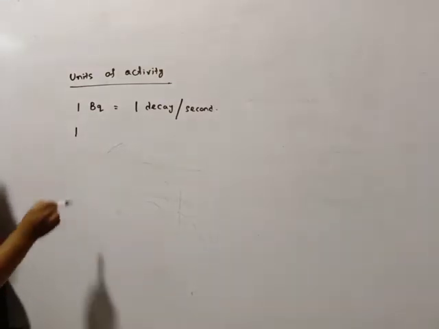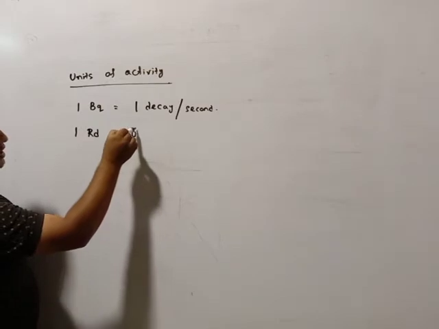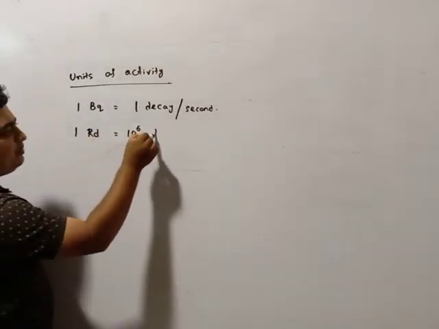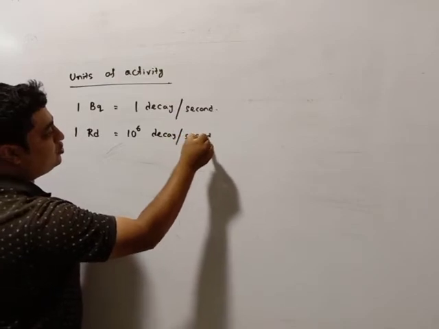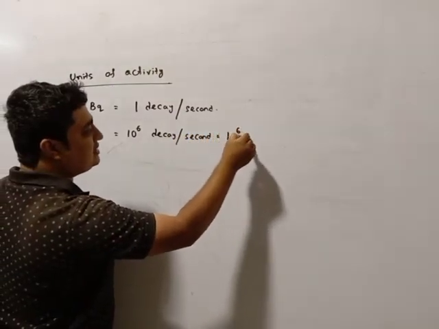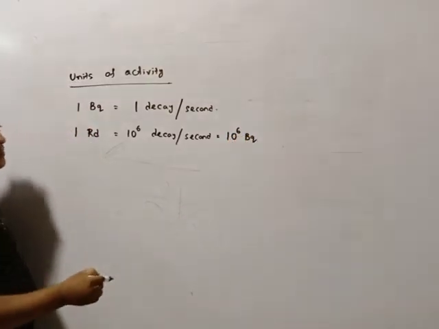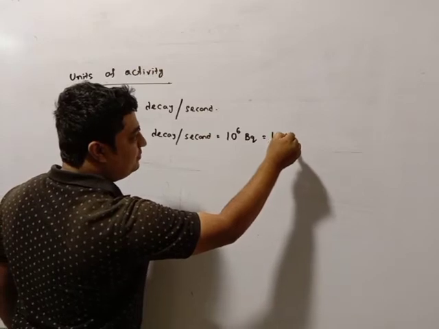The next higher unit is 1 Rutherford. 1 Rutherford is 10 to the power 6 decay per second. So we can write it is equal to 10 to the power 6 becquerel or 1 mega becquerel.